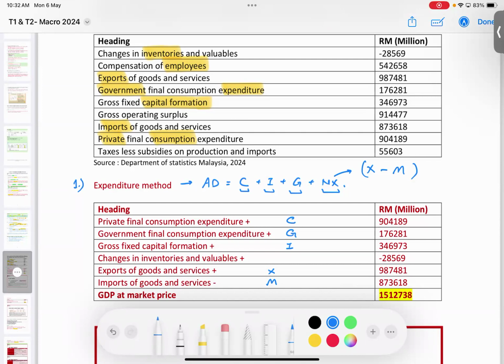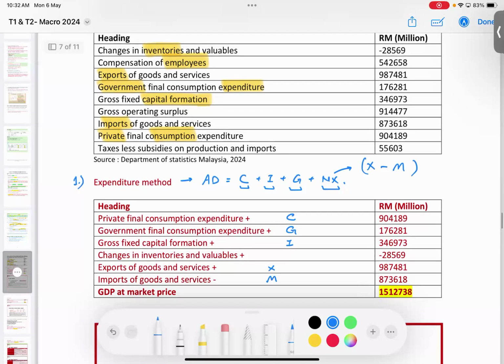You total all the values up, then you will get the GDP at market price. Under this we don't have a specific category for changes in inventory, we just record it under the expenditure approach. So try and see if the value is correct or not.